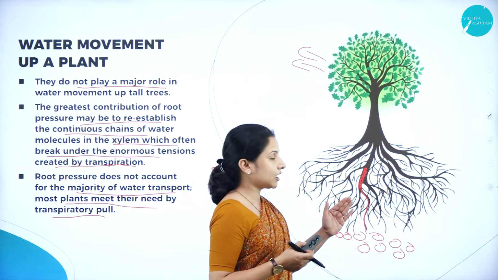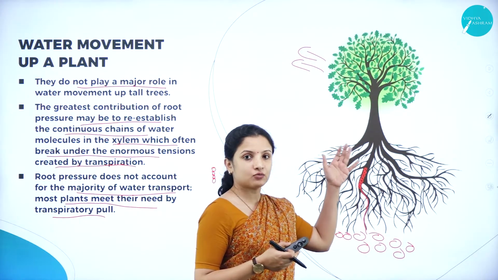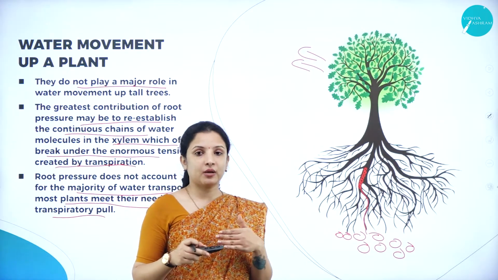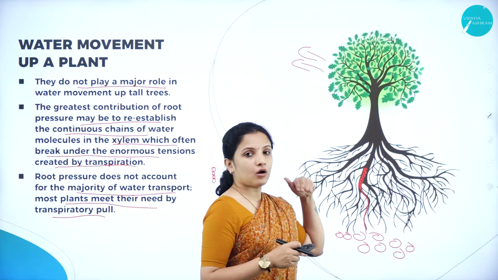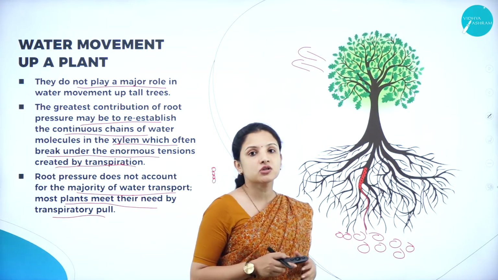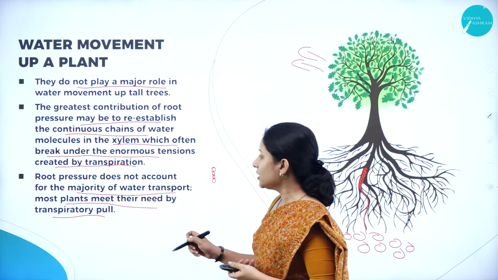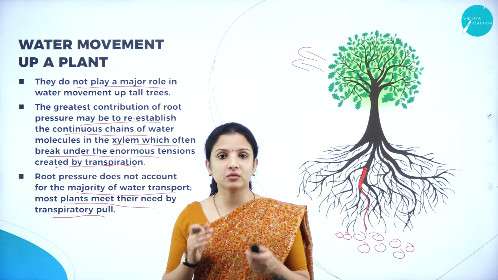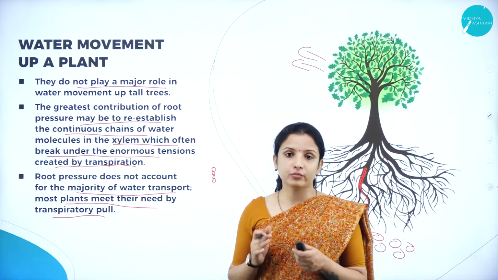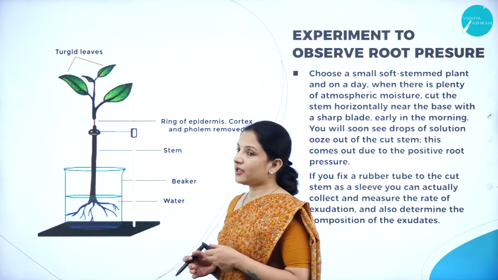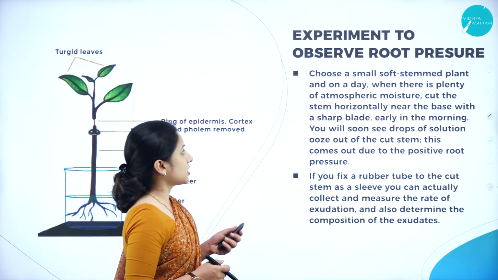Therefore, at that time, such plants, in order to maintain the water level in their body, go in for the continuous movement of water, they depend on the transpiration pull. So the transpiratory pull or the transpiration pull is also one of the important concepts in the movement of water in the case of plants. So here we shall study about the transpiration pull.